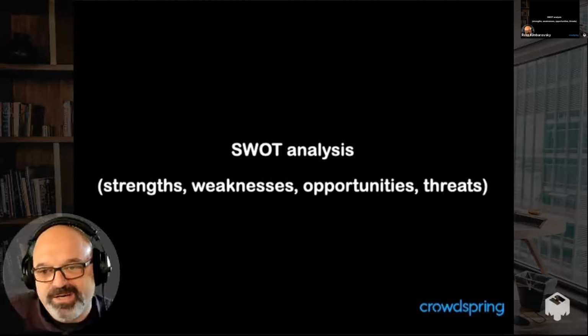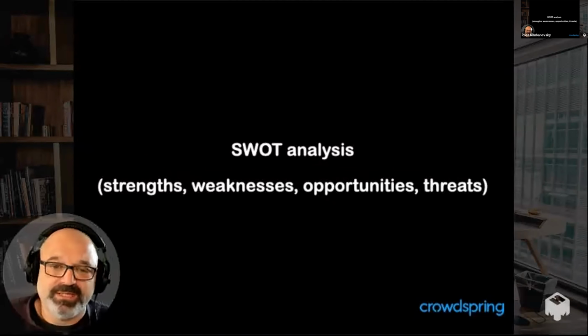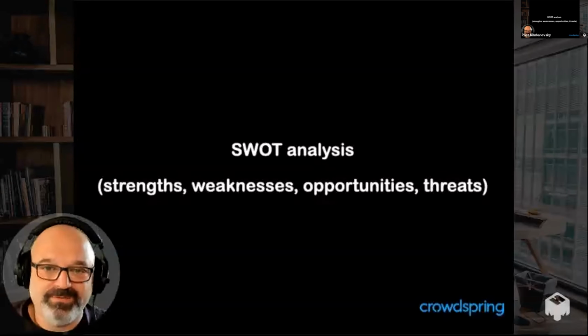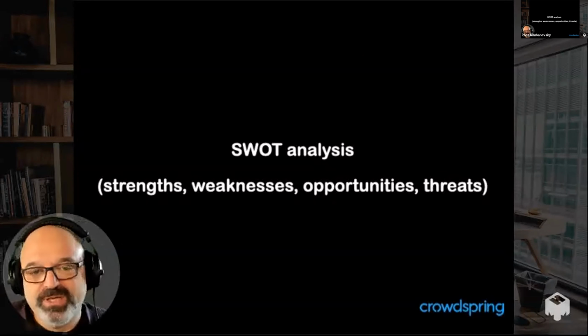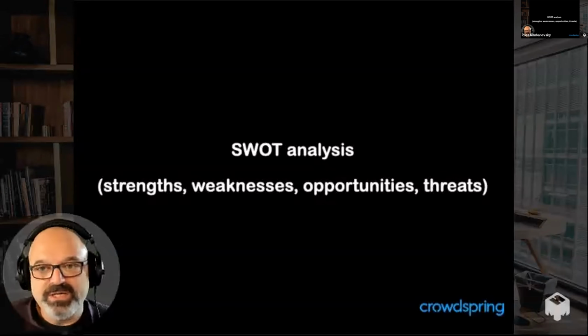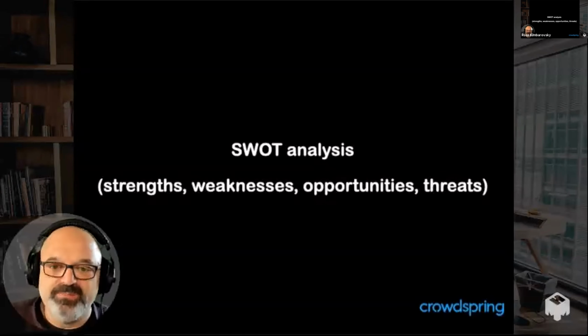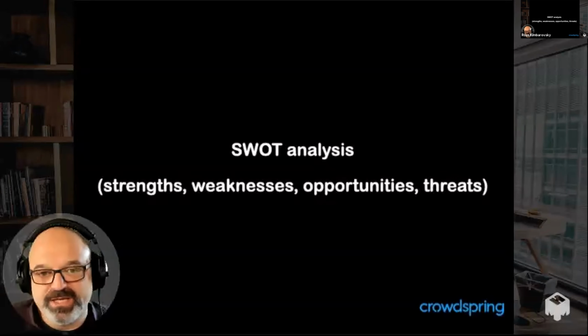One way that nonprofits can learn and do a better job with their overall identity is by doing something called a SWOT analysis. Now, this is a process that's commonly done in the for-profit space, but it works really well for nonprofits too, because it asks you to evaluate four things: your strengths, your weaknesses, your opportunities, and your threats, to try to figure out where your brand, where your nonprofit is falling short in delivering value to your audience, in delivering a message to your donors, in delivering a message to your volunteers.